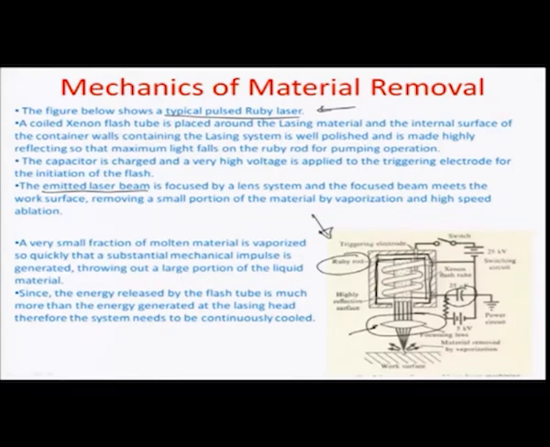Immediately with this laser light hitting the workpiece, a very small fraction of the molten material is quickly vaporized, and a substantial mechanical impulse is generated because of this sudden vaporization.